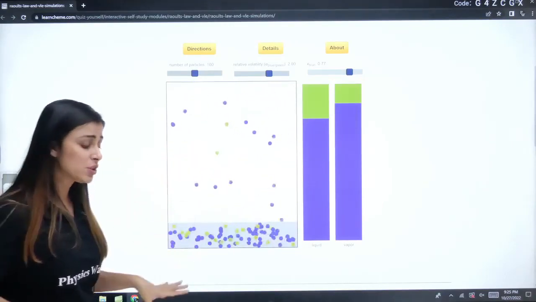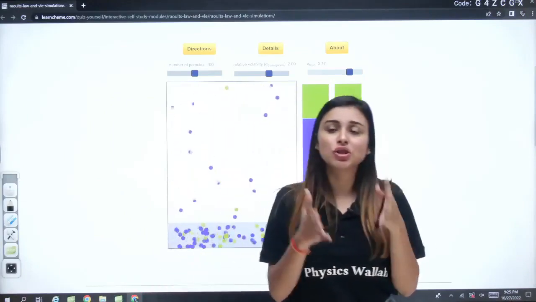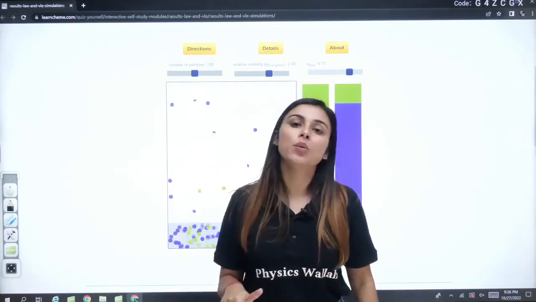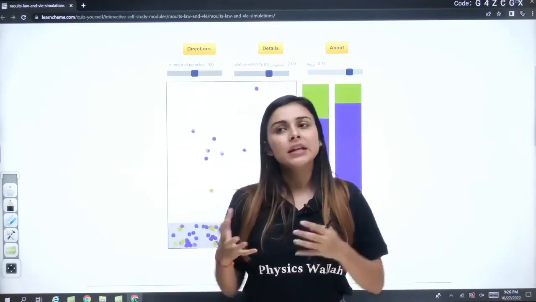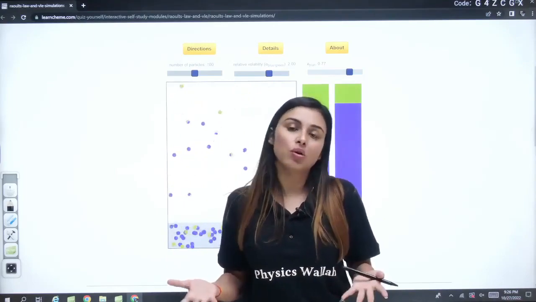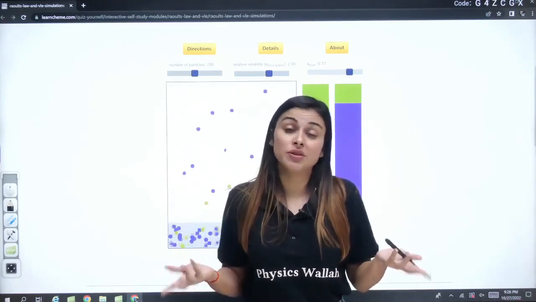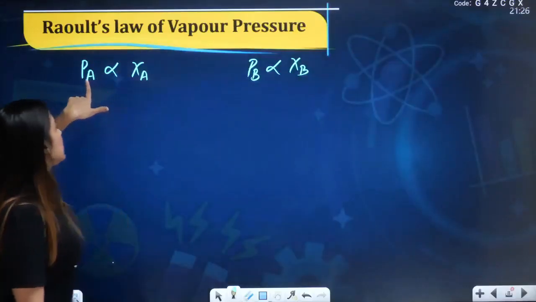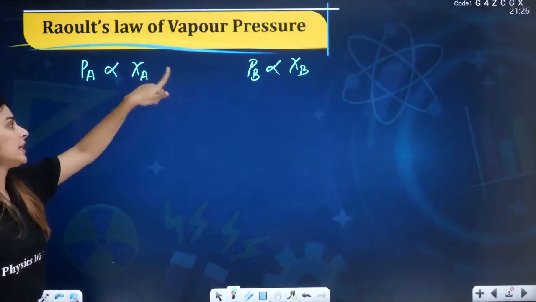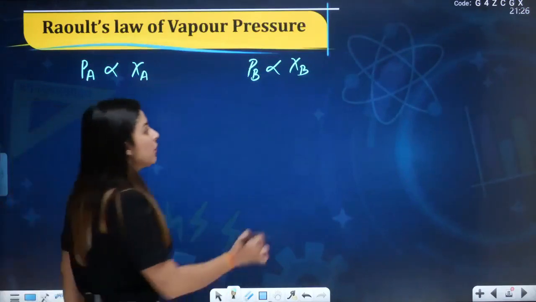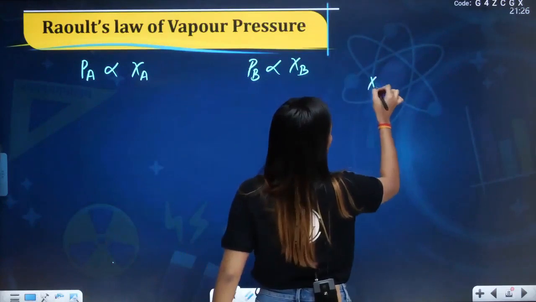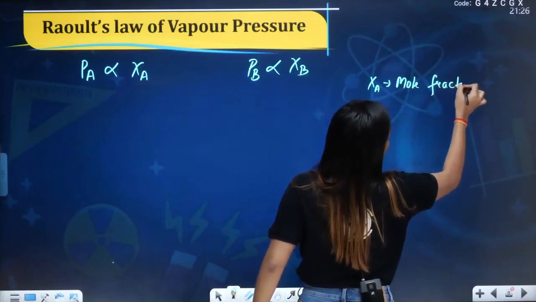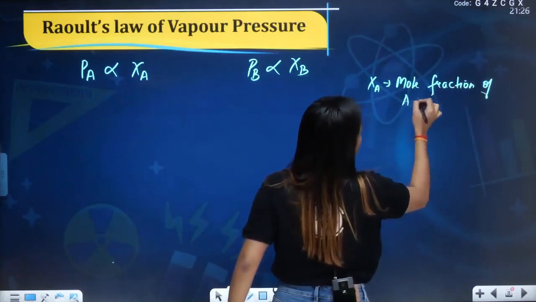Yes. So this is how you denote that the partial pressure of one gas will be directly proportional to its mole fraction in the liquid phase. The component which has more mole fraction in the liquid phase will have comparatively more partial pressure. This is the reason we say that PA is directly proportional to XA and PB is directly proportional to XB, where XA is the mole fraction of A in liquid phase.